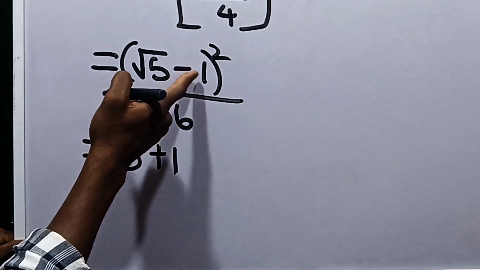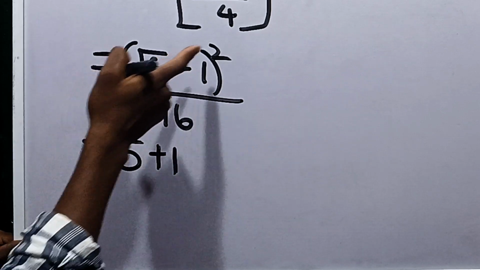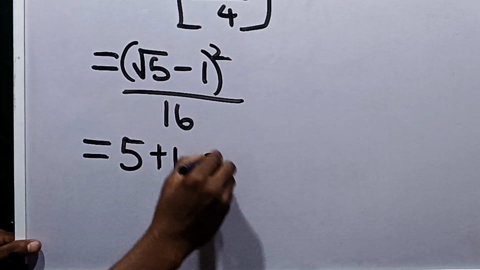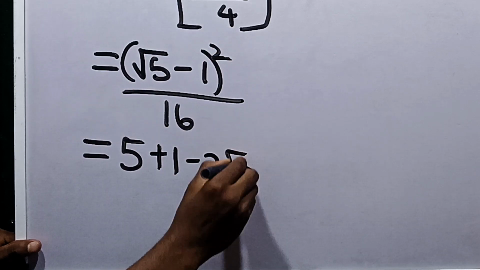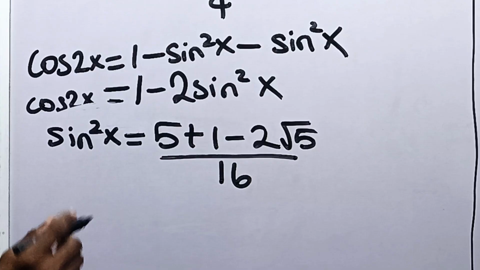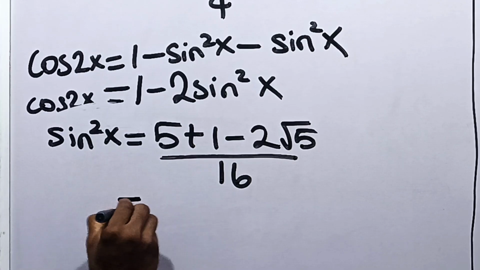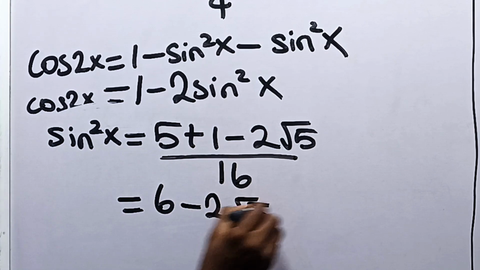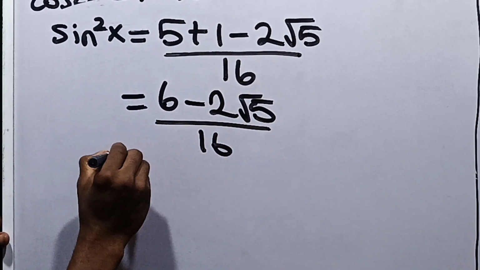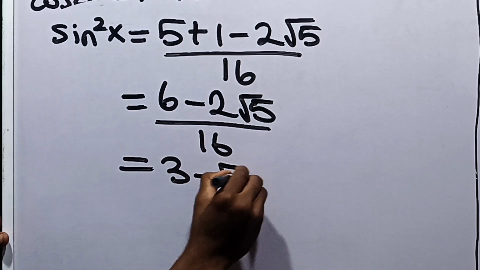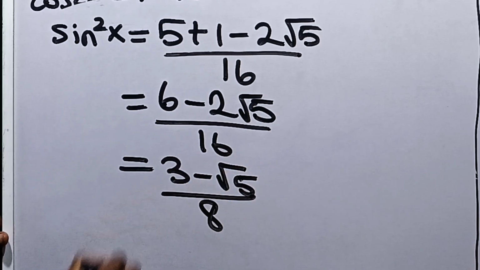Then we have 1 times root 5 is root 5, times 2 is 2 root 5, and this is minus, so we have minus 2 root 5 divided by 16, okay? From here we now have that sine squared x is equal to 6 minus 2 root 5 divided by 16, which is equal to 3 minus root 5 divided by 8, okay?